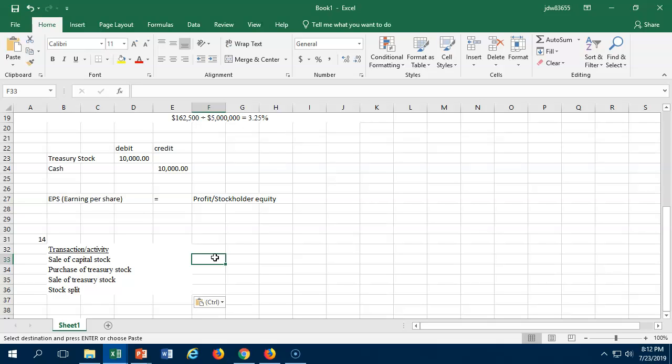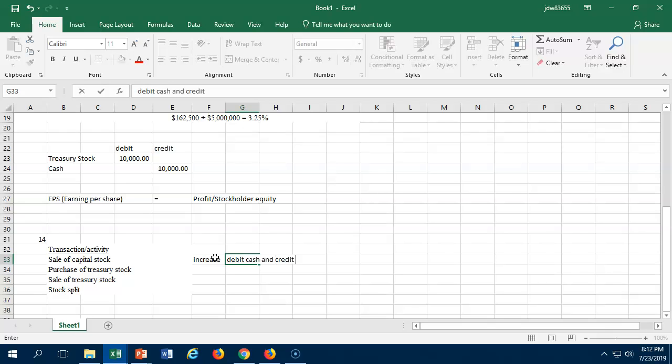Don't let the word sell confuse you. So that journal entry would increase it. You would debit cash and credit stockholder equity or additional paid-in capital. APIC, that's additional paid-in capital.